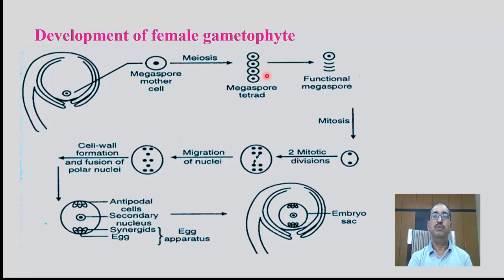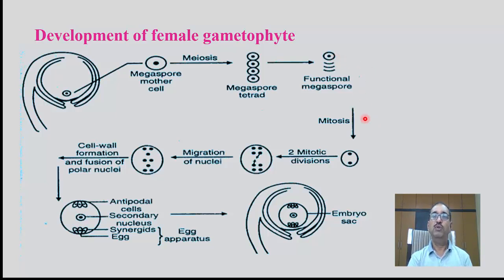Among these, 3 megaspores toward the micropylar end are non-functional and degenerate. Only 1 megaspore toward the chalaza acts as functional megaspore. From this functional megaspore, the female gametophyte is developed.